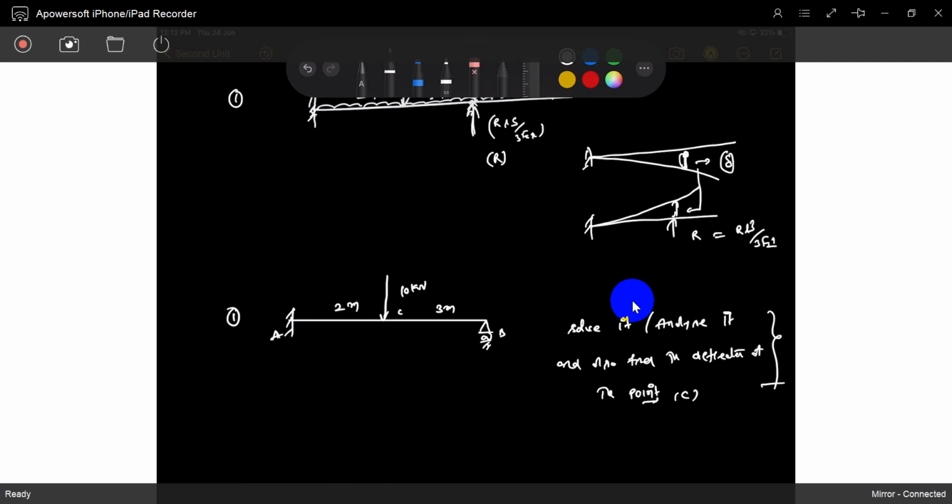Deflection at this point C in terms of EI. He didn't give any EI. If he gives EI, just do it with EI also. Can you solve it?